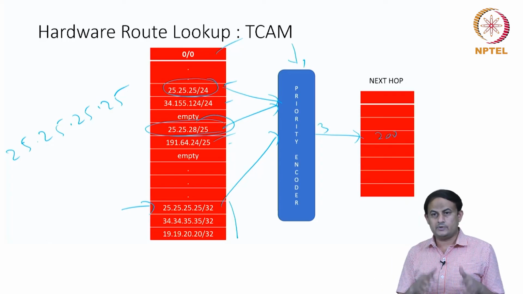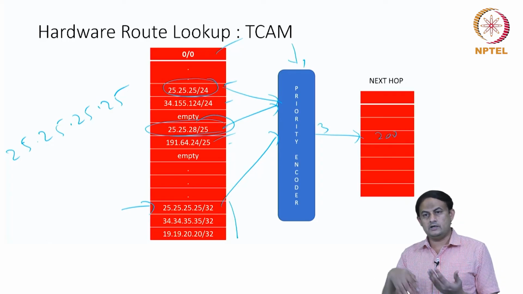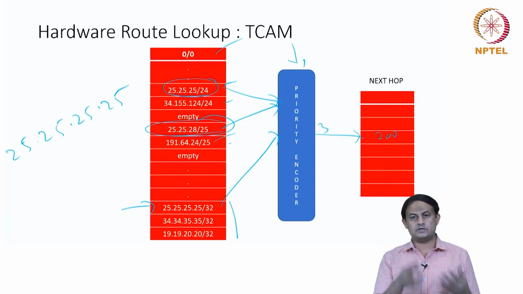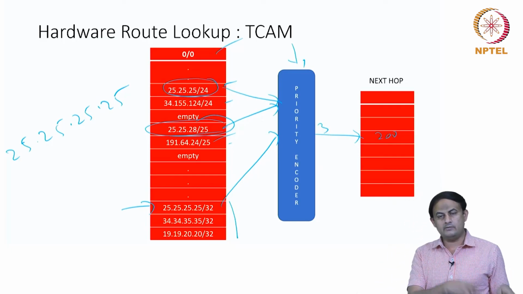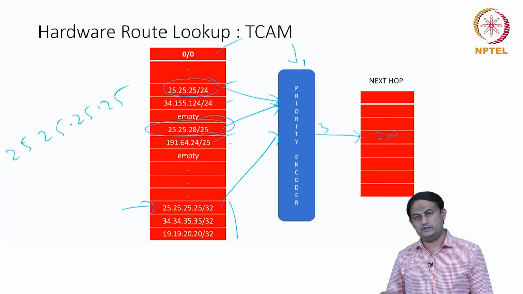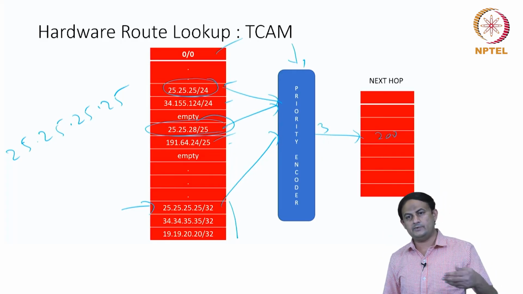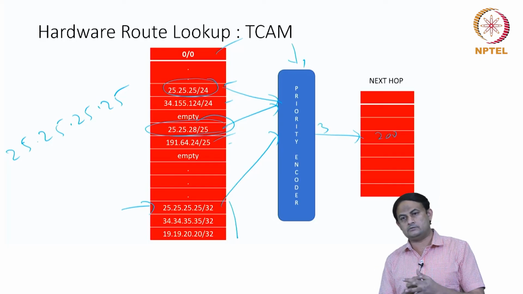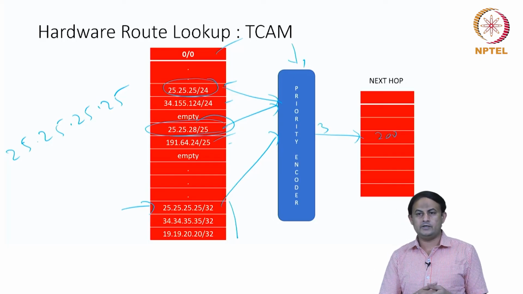So I repeat, variable length prefixes are stored in the TCAM memory. Given an IP address, that IP address is fed into this TCAM memory. It does the parallel comparisons, and it might happen that more than one entry will match for the given IP address.